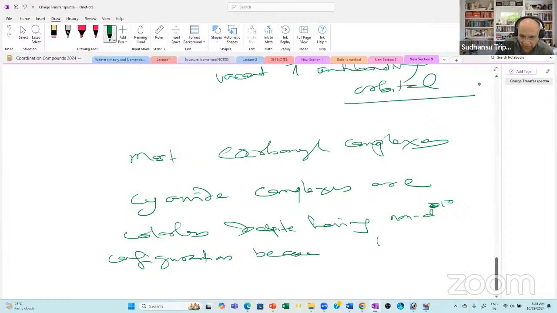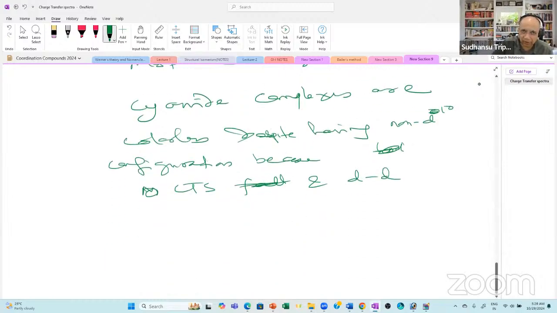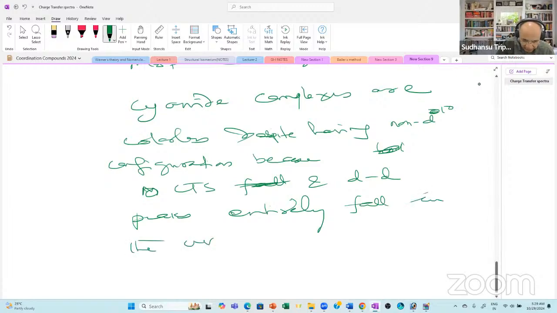Because CT falls in the UV, and DD too. If it is non d10, there is a possibility of dd, a small peak that is buried. Both have high energy, so they are buried. The dd is buried inside. CT and dd peaks entirely fall in the UV region.